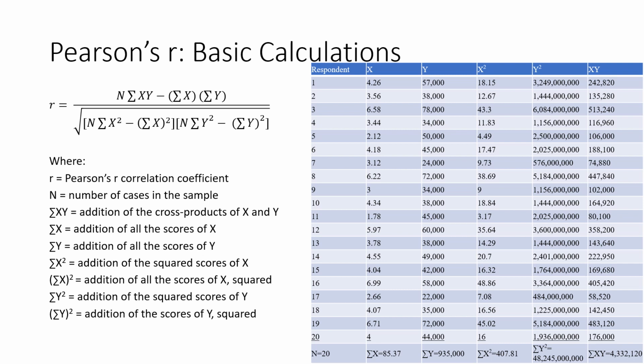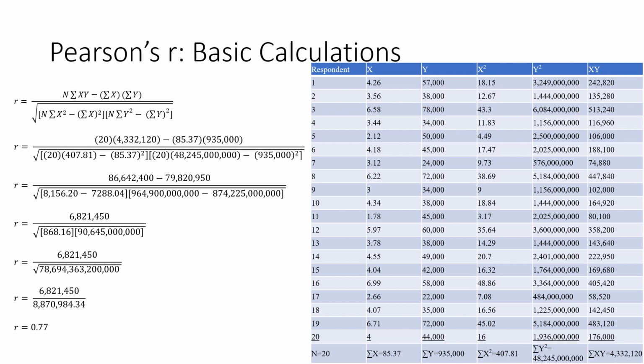We can see that there's 20 people. Our X values in the next column, that is the attractiveness ratings. The Y values in the next column over, that's the income. X squared in the next column over, Y squared in the next column over, and then X times Y. And then along the bottom, you can see the various summations. So once you have this basic math done, then it's simply a matter of plugging in those values as such.